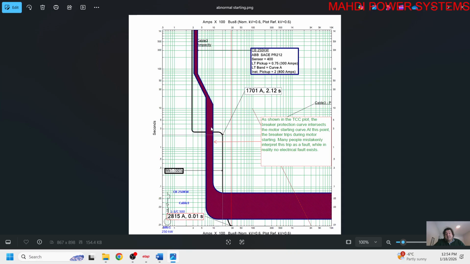Or maybe there is an actual fault current. Therefore, we should distinguish between actual fault current or wrong setting. This is a wrong setting.